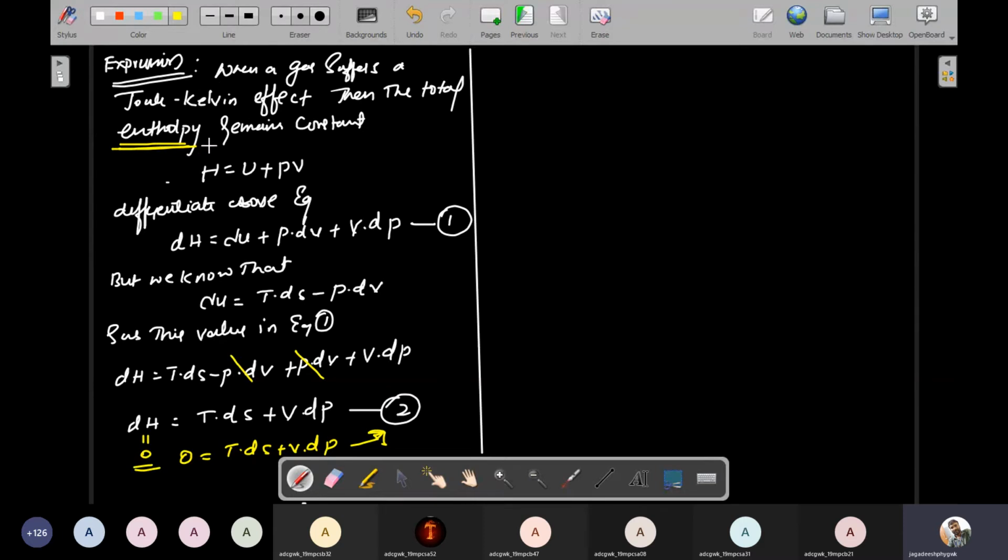We consider the enthalpy term to remain constant, but after differentiating this equation we get the change in enthalpy, which is 0. Now the final equation is 0 equals T dot dS plus V dot dP. Right, next.